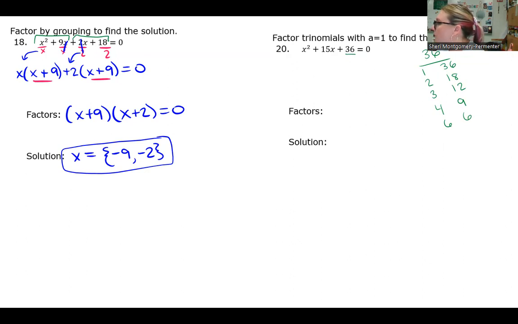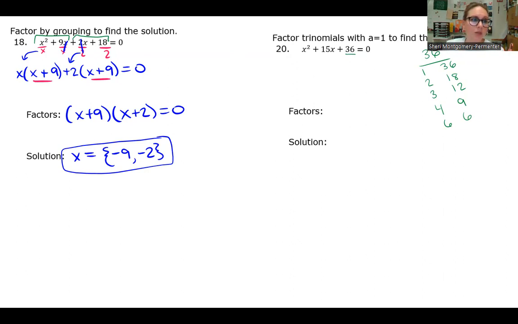Yeah, factors of 36. 3 works, yeah. So, which one of these factor pairs can we put together to make a 15?